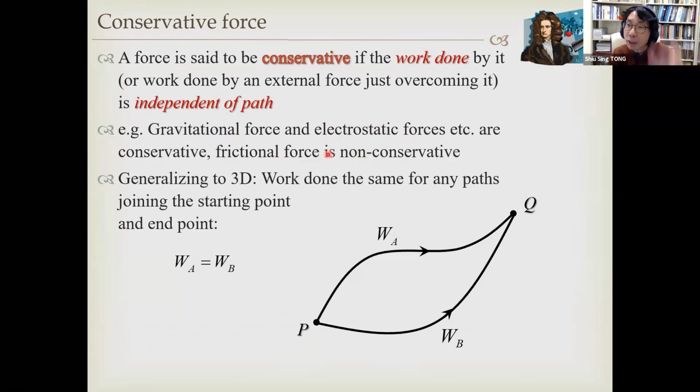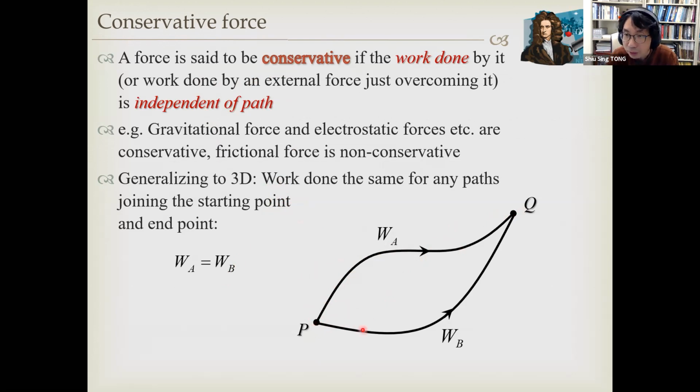Now, we only discussed one-dimensional cases, but in fact, you can generalize our discussion to three dimensions. But the three-dimensional cases require some advanced mathematics like the line integral, so we skipped it in this course. If you start from a point P and move the object to a point Q, then the force is said to be conservative if the work done by the external force just overcoming it is path independent.